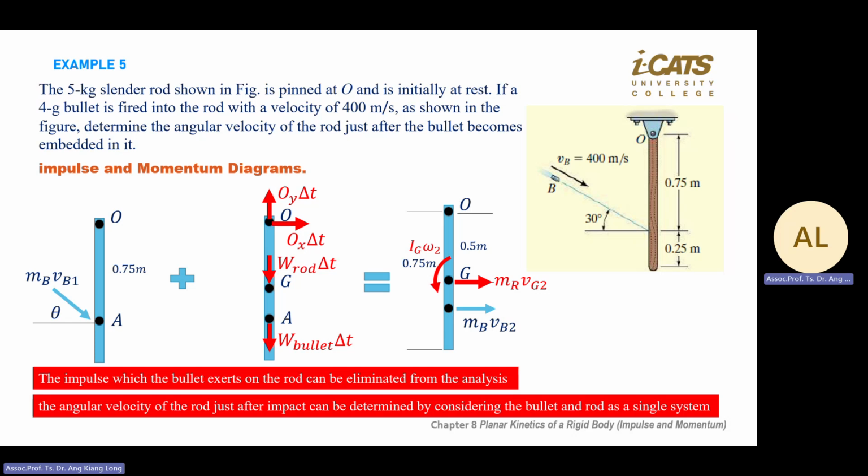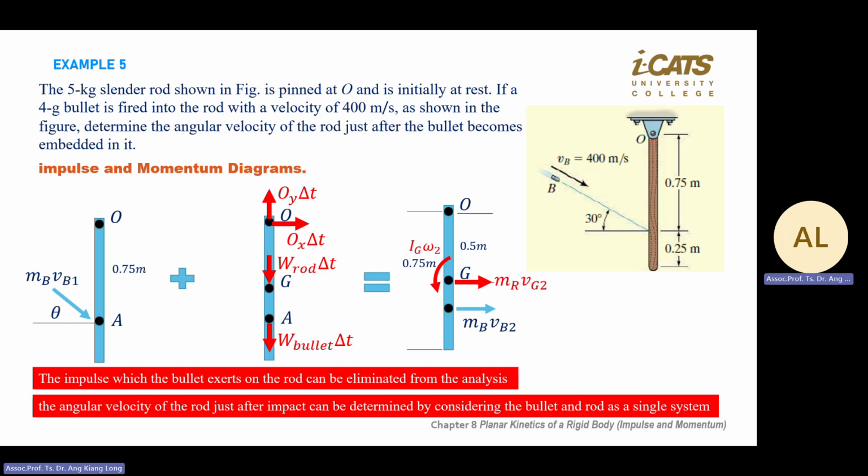The second one is all the force: external force, all the resistance, the pin, the weight, and the weight of the bullet also considered because it is embedded already. And the last diagram is I omega and the mV. So in this case, because we know that it's anti-clockwise, we assume all the anti-clockwise direction is positive. Then you pull out the three equations, solve using this diagram.